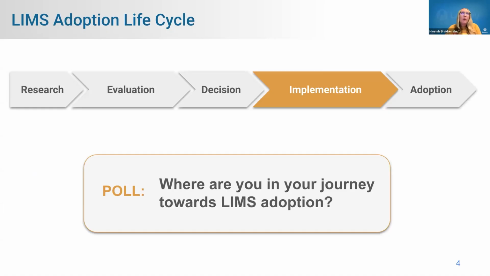Typically, when we look at what a LIMS adoption lifecycle looks like, we start with the research. Oftentimes folks will come to us looking at many different systems to see if LabKey is the right fit, or the vendors that they're looking at. They're doing a very thorough evaluation in this process as well.